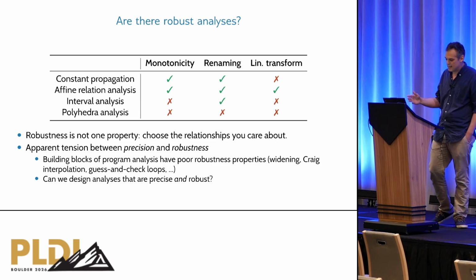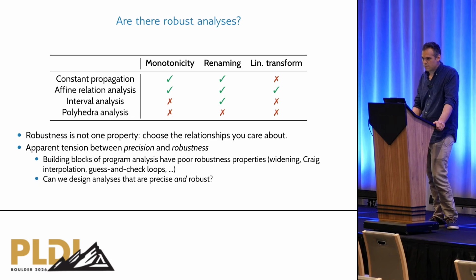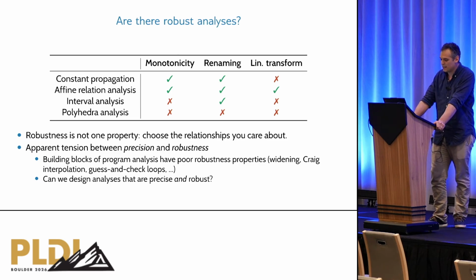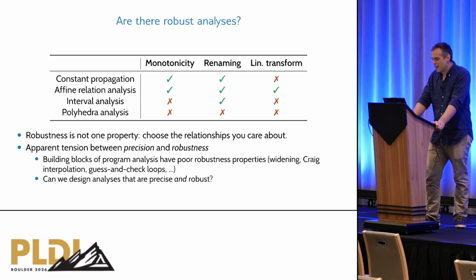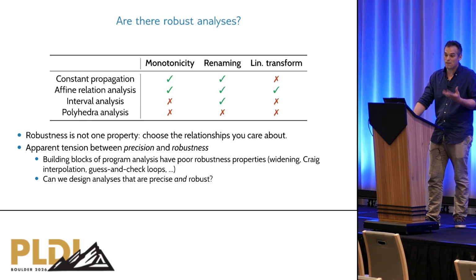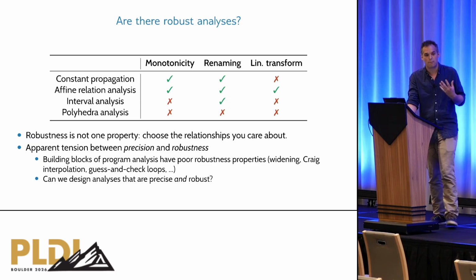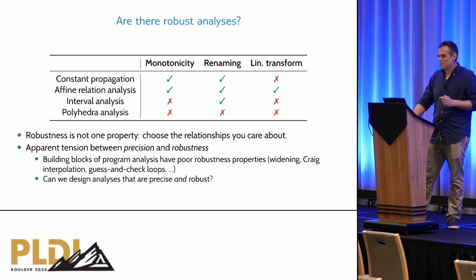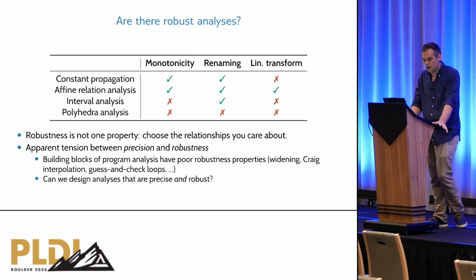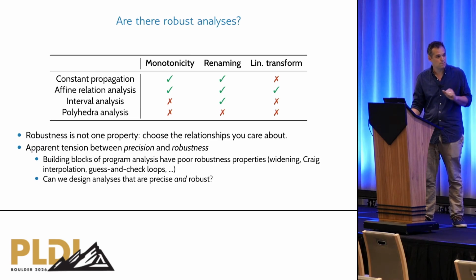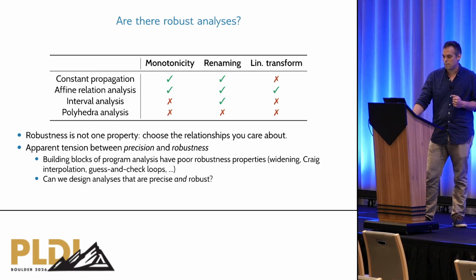And the reason for this is that a lot of the basic building blocks of program analysis, like widening and Craig interpolation, guess and check loops using LLMs, these are all sensitive to representations that make them have poor robustness properties. So if you want to build a robust program analysis, you have to take all of these nice tools off the table. So there's a question of whether we can actually design analyses that are precise like these analyses, but also have better robustness properties.